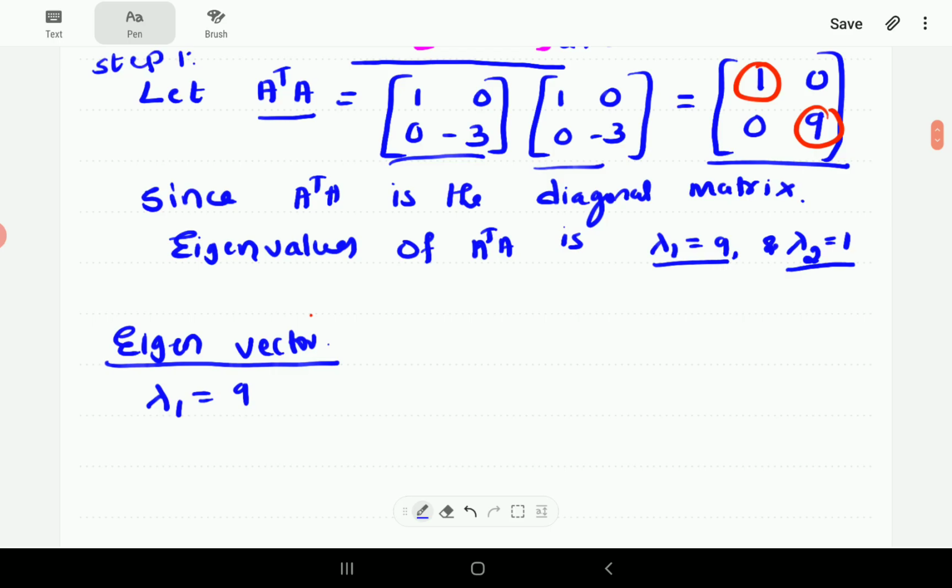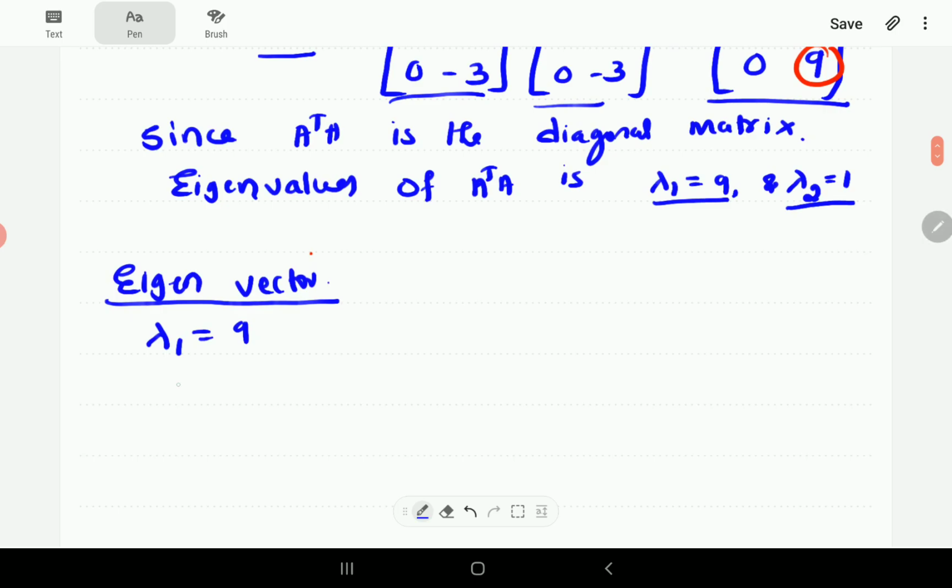So for lambda 1 equal to 9, we know that A transpose into A should be equal to 9 into X. This implies A transpose into A minus 9I.